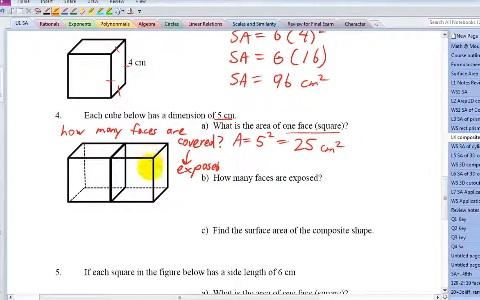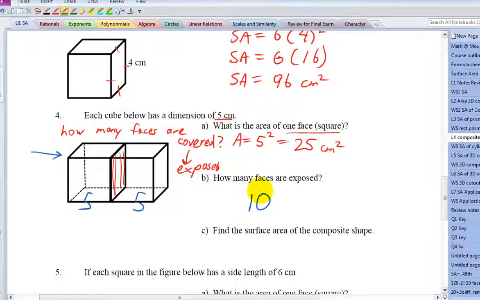So normally on the cube on the right, it should have 6 faces. But this face on the left side is covered up. So how many faces are exposed then? Only 5, because 1 is covered. What about this cube over here? How many are exposed? 5. So altogether then, for all the cubes, both of them, how many are exposed? 10.